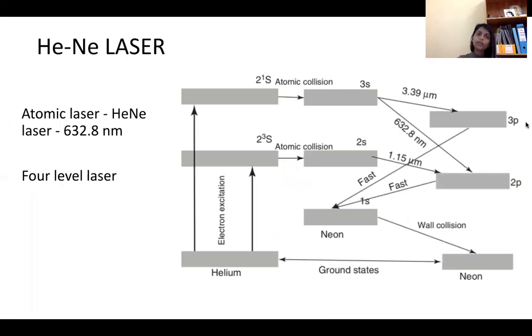Right, this helium neon laser is very unique. The first helium neon lasers started producing light in the IR region, around 3.39 micrometers, and then 1.15 micrometers. Both correspond to the IR region, and then we have 632.8 nanometers.